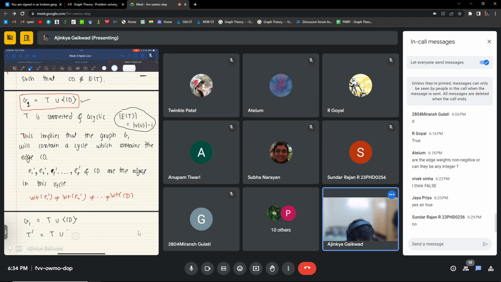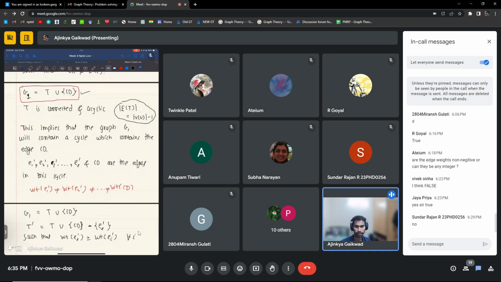minus EL prime, such that the weight of EL prime is greater than or equal to the weight of EI prime for all i, right?